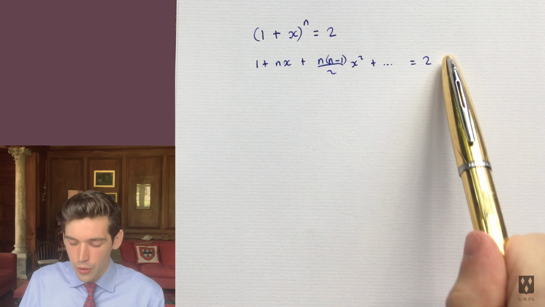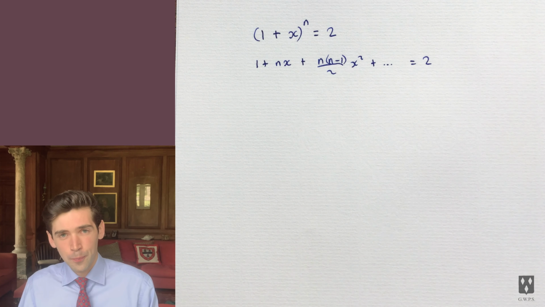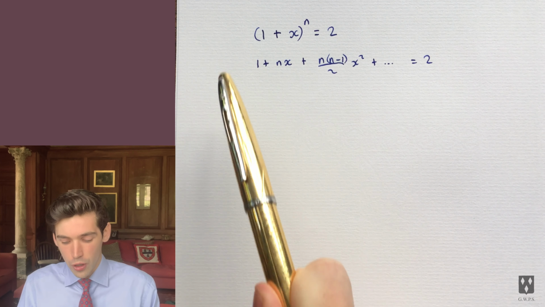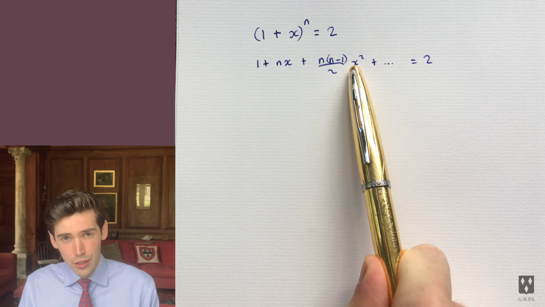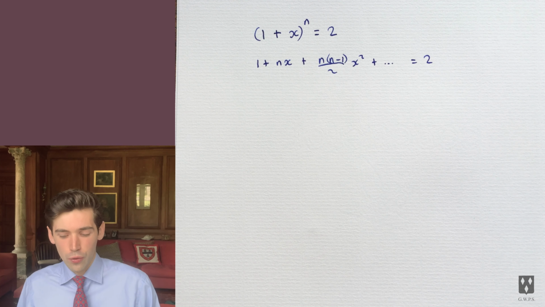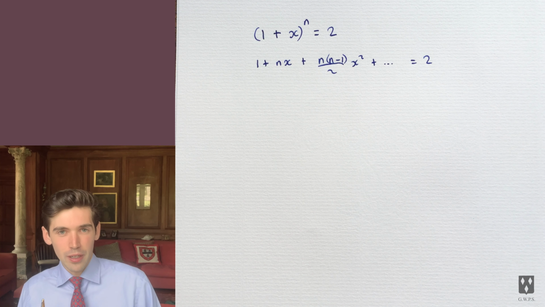What we want to do here is not write out infinitely many terms. We want to know roughly what's going on and have something that we can deal with algebraically. So far we've got a constant, a linear term, a quadratic term, and if we keep going we'll get cubics, and that gets very difficult to solve. If only we could just get rid of the rest of the terms, that would make it a bit easier.